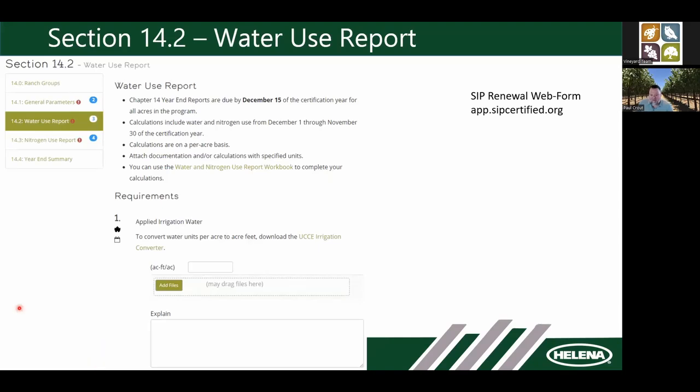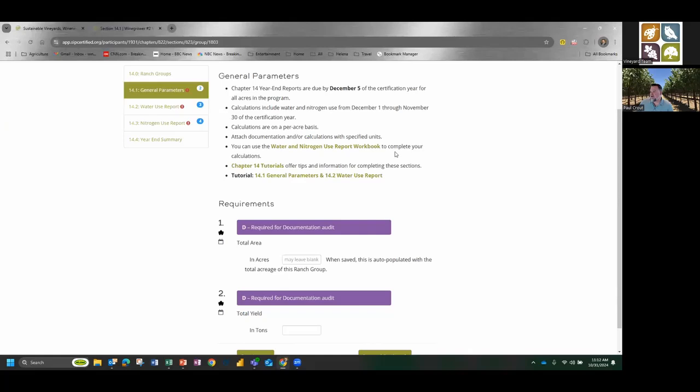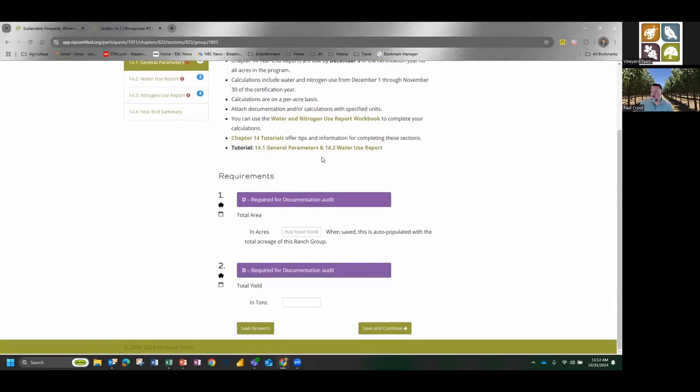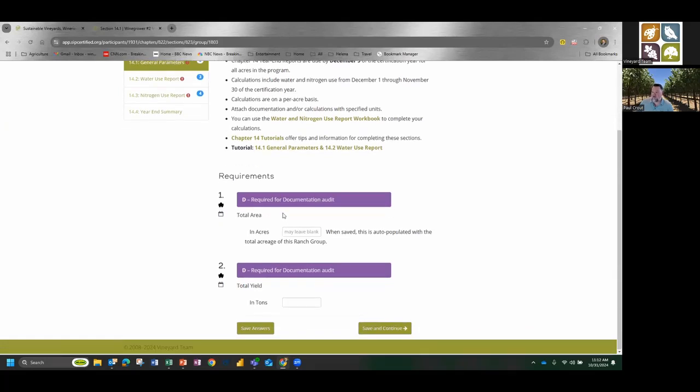Actually, just because we're here, I'm going to bring up 14.1, which is your general parameters piece. This is where you're entering basically your acreage and your yield. Those are two things that you need to have for those blocks.